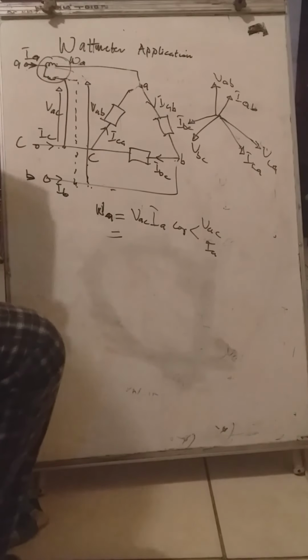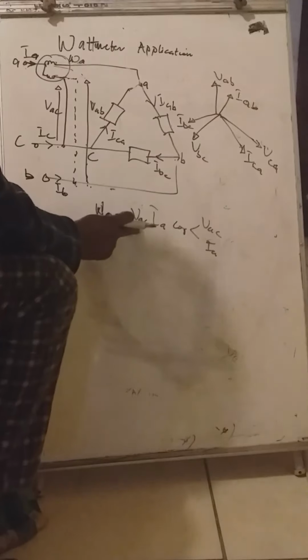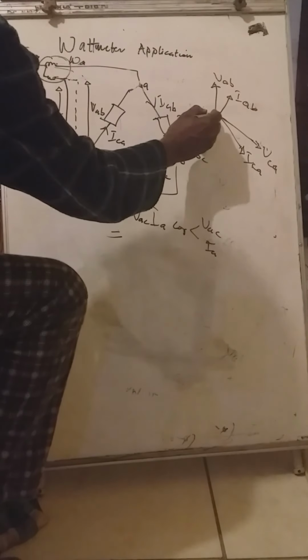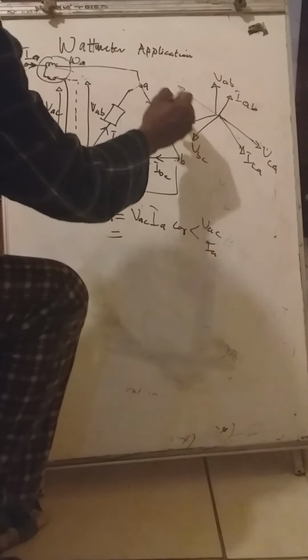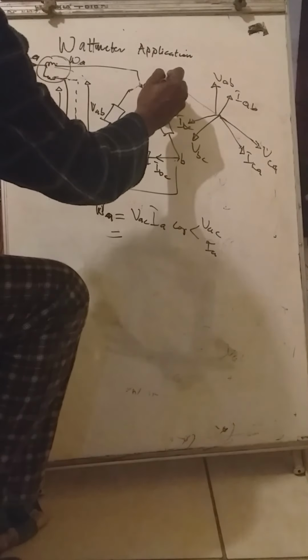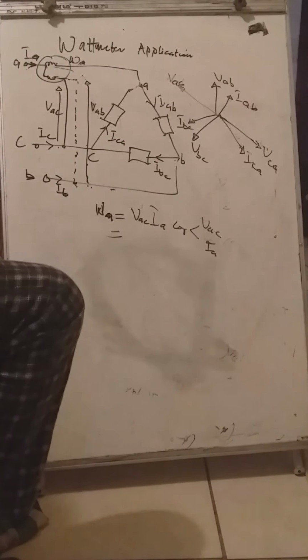So we want to know, this is our VCA. If this is our VCA and we are looking for VAC, our VAC will be 180 degrees transposed, so this will be our VAC. If this one is our VCA, this one will be our VAC.